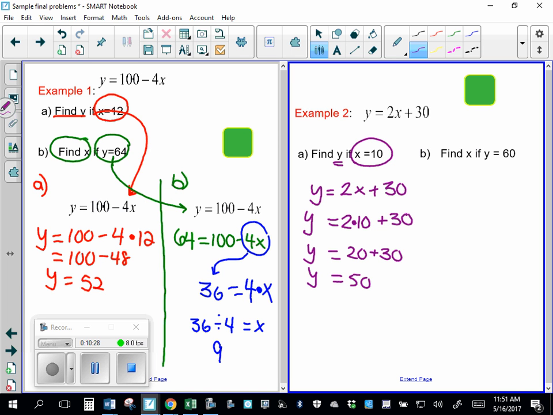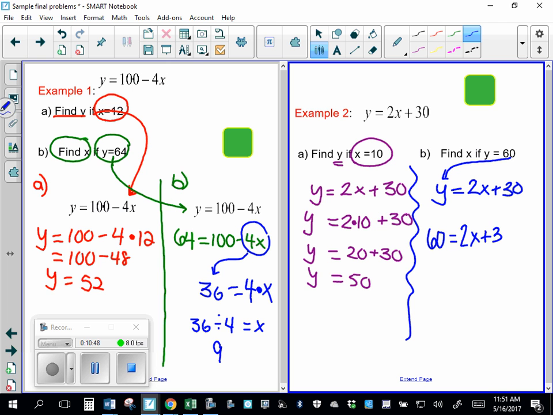Okay, Sandra, what about part B? So y equals 2x plus 30, what do we know this time? That y is 60. Right, so we put the 60 here. 60 equals 2x plus 30, so what are you going to do about that?